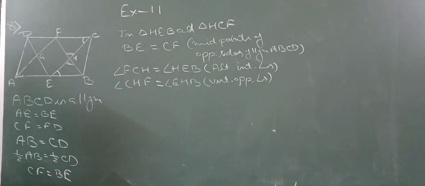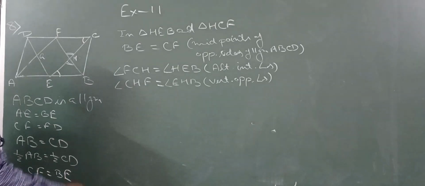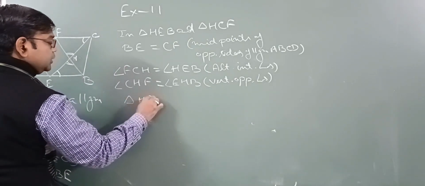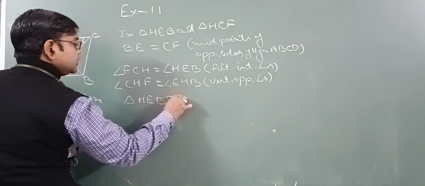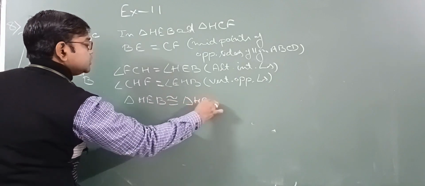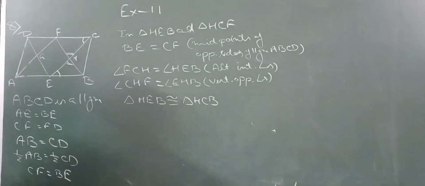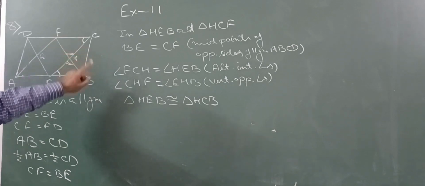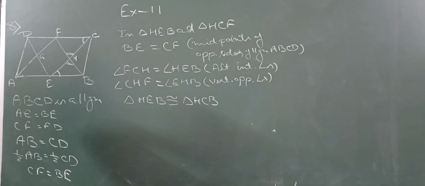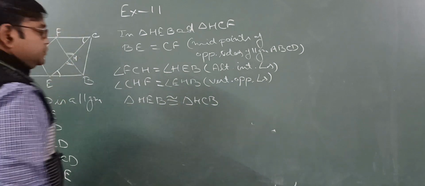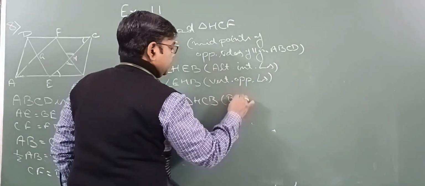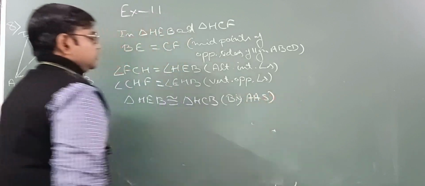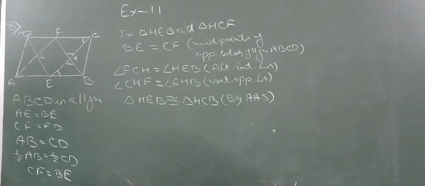If they are vertically opposite angles, then we can prove triangle HEB is congruent to triangle HCF by the angle-side concept. First part is complete.